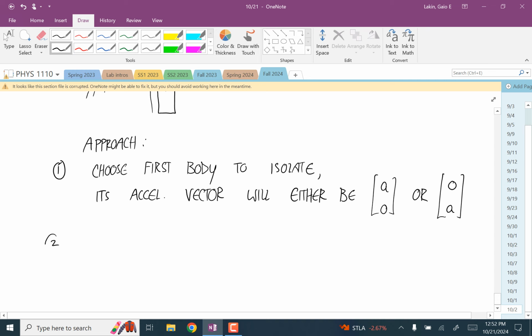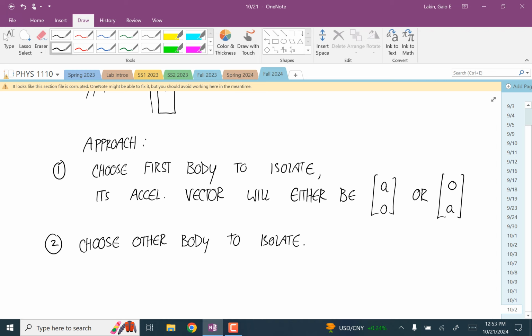Okay, now for the second step, we're going to choose the other body to isolate. But this time, we have to do something with the acceleration that we haven't done yet.